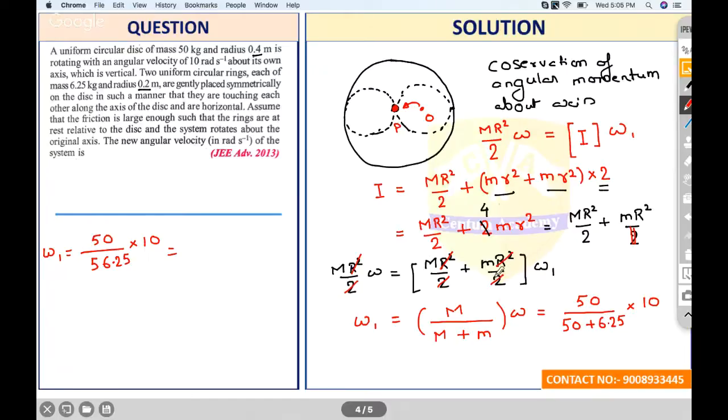So when you substitute all that, this will come out to be this into 2, and you will get 50 plus 6.25 into 2, which is nothing but 62.5. All right, which is 0.8 into 10, and hence you will get the value as 8 radians per second as the answer.